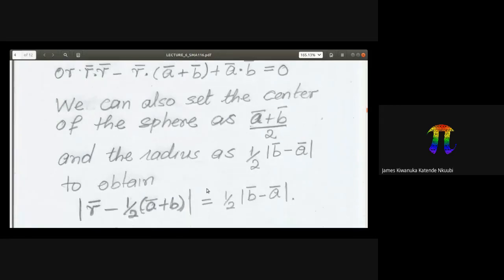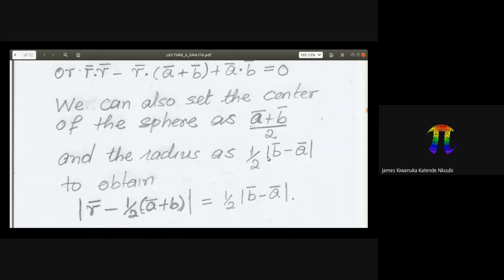And this is another one which describes how you can find the center. If you set the position vectors for the two endpoints of the diameter to be A and B, then the center will be the midpoint of the diameter, which is given by this. So the position vector for the midpoint will be A plus B over 2.